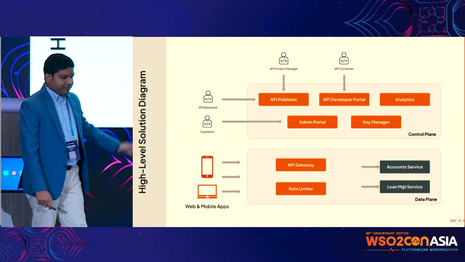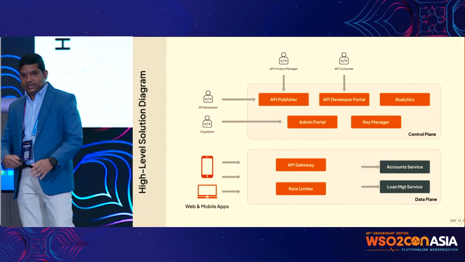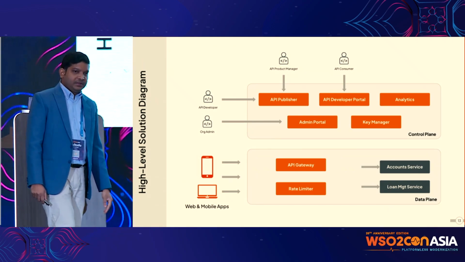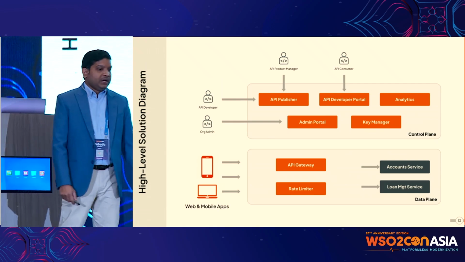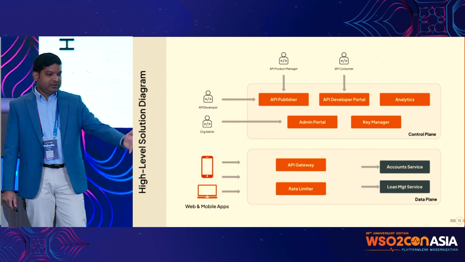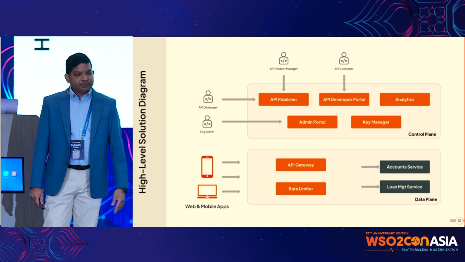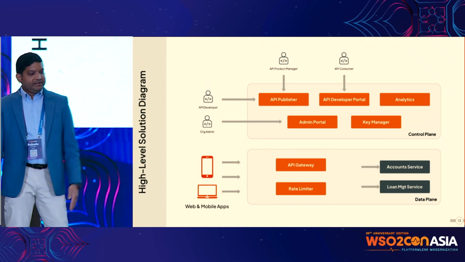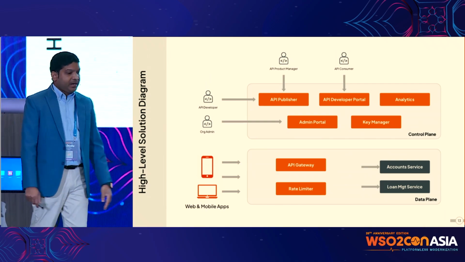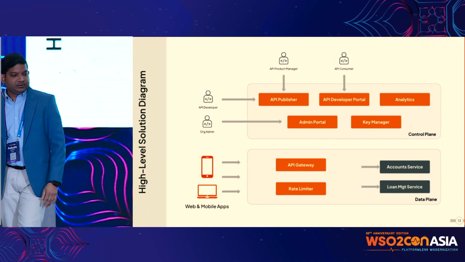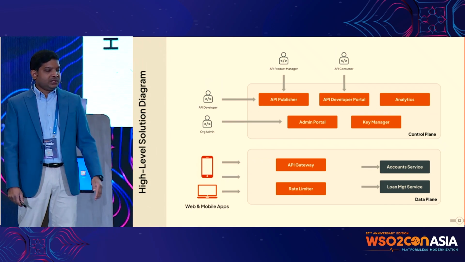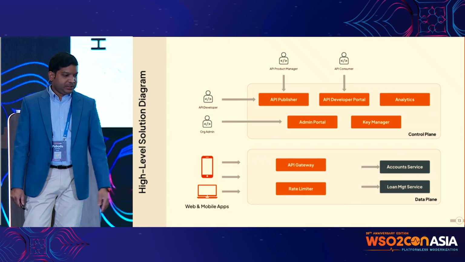So this is a high-level architecture for this use case. So in the control plane, you have the basic API publisher, developer portal, analytics, admin portal, and the key manager functionality. So API developer interacts with the publisher, and also the product manager interacts with the publisher, admin interacts with the admin portal, and consumer interacts with the developer portal.